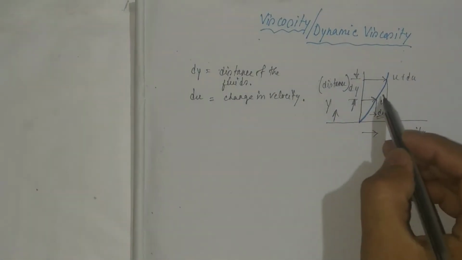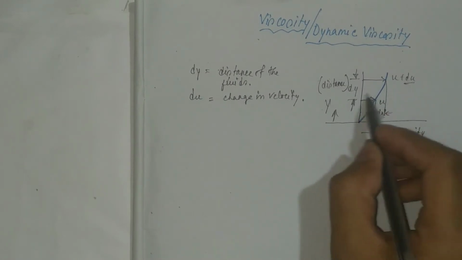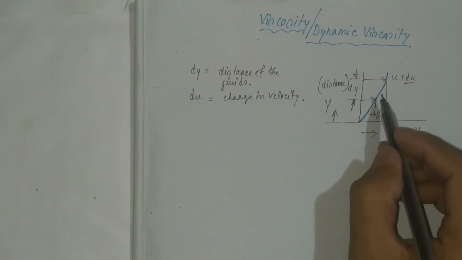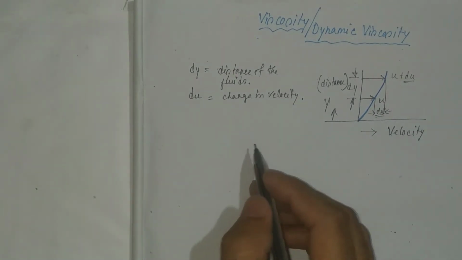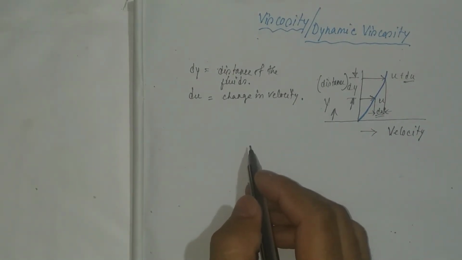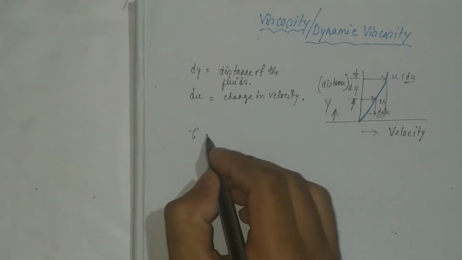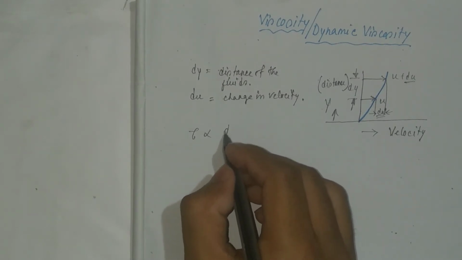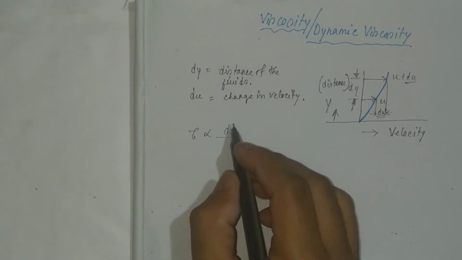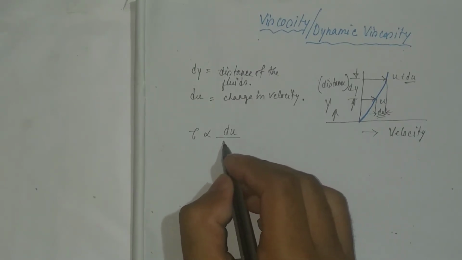And as there is some velocity difference, a shear stress will be produced here, and the shear stress is proportional to the rate of change of velocity with respect to y. Let the shear stress be tau, and it is proportional to the rate of change of velocity, which is du, with respect to y, meaning the distance dy.